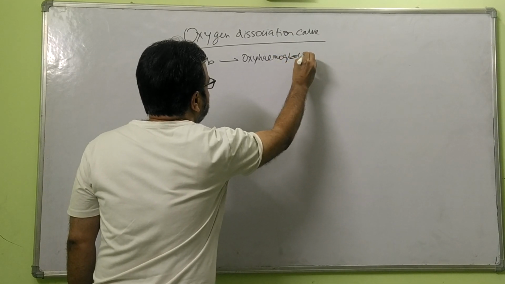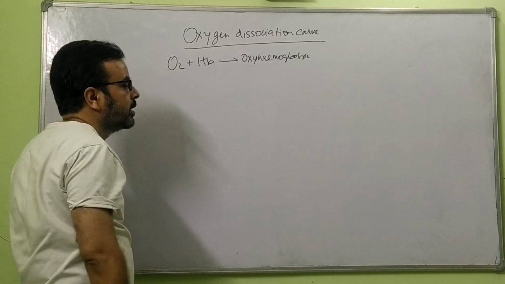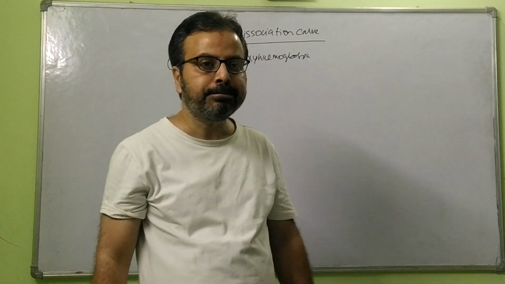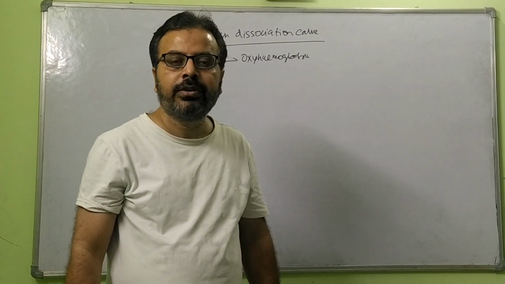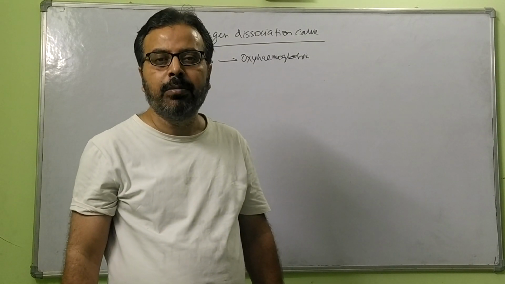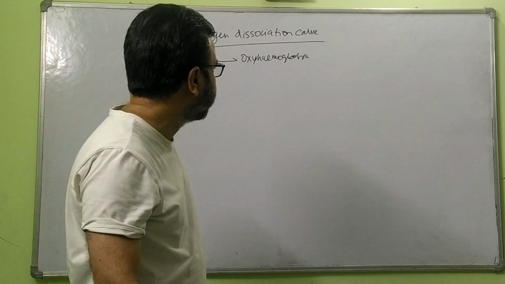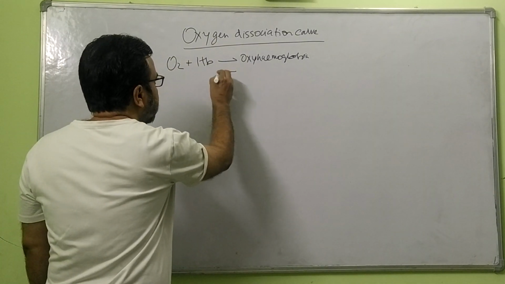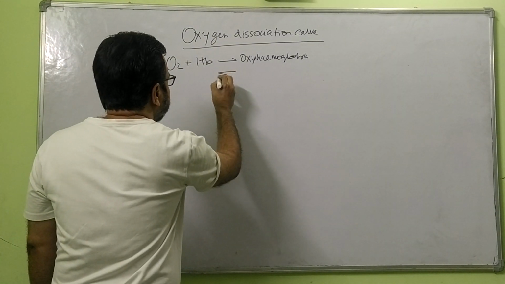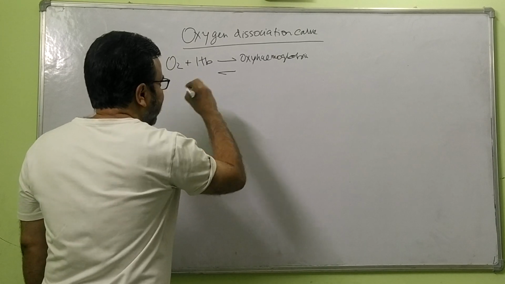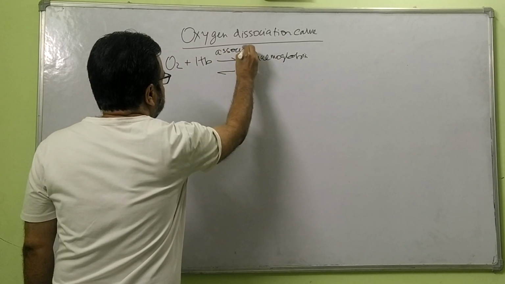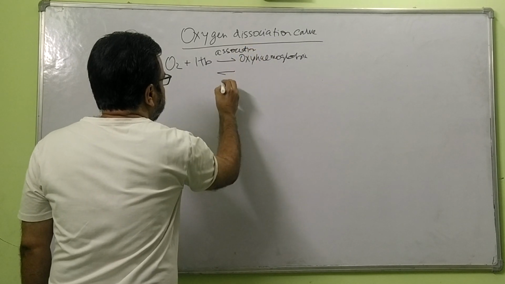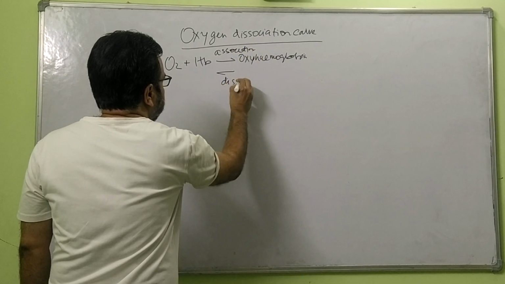Oxyhemoglobin is formed when oxygen combines with hemoglobin, and this process is called association of oxygen with hemoglobin. The reverse is called dissociation. So this is association and this is dissociation.